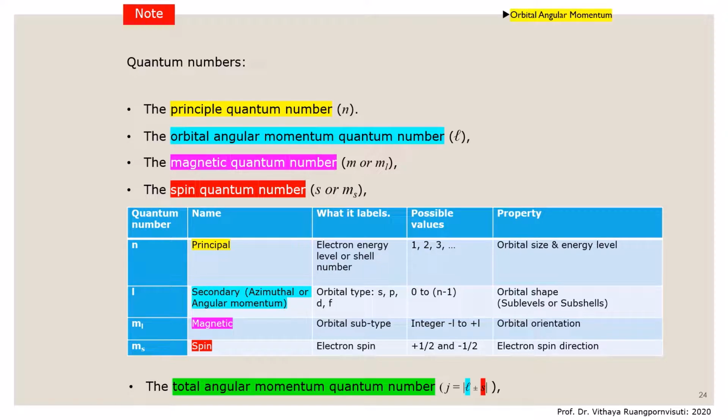The second is the orbital angular momentum quantum number, denoted by small l. The third one is the magnetic quantum number, denoted by small m or m subscript l.